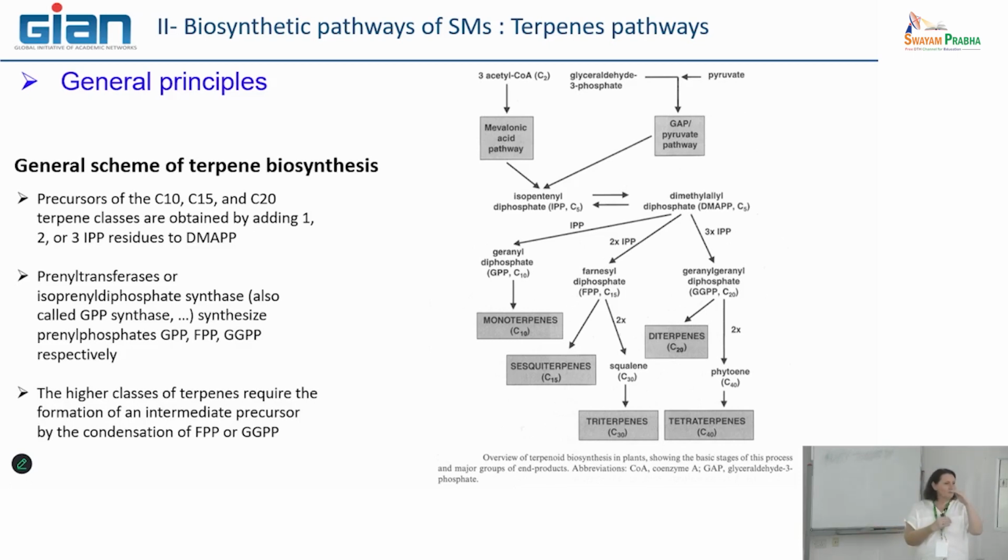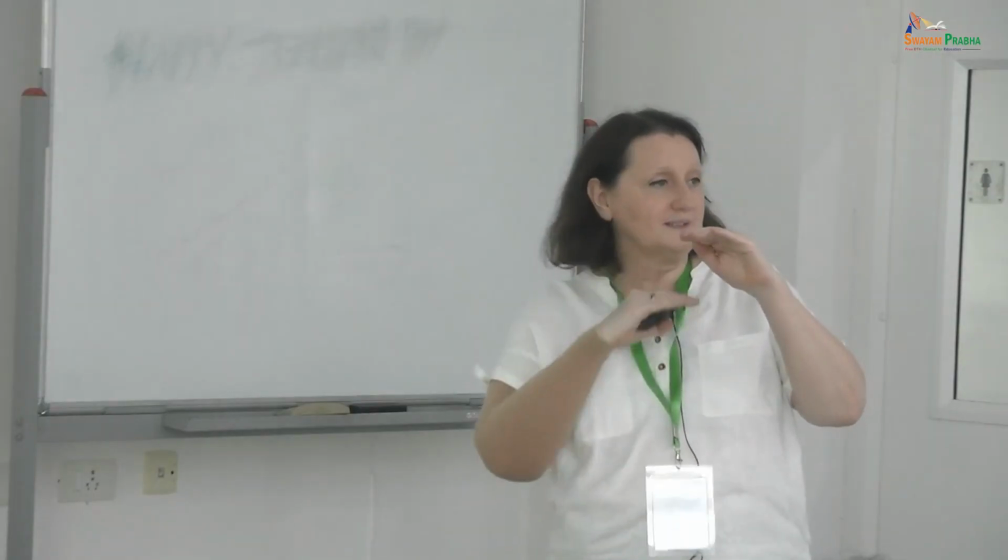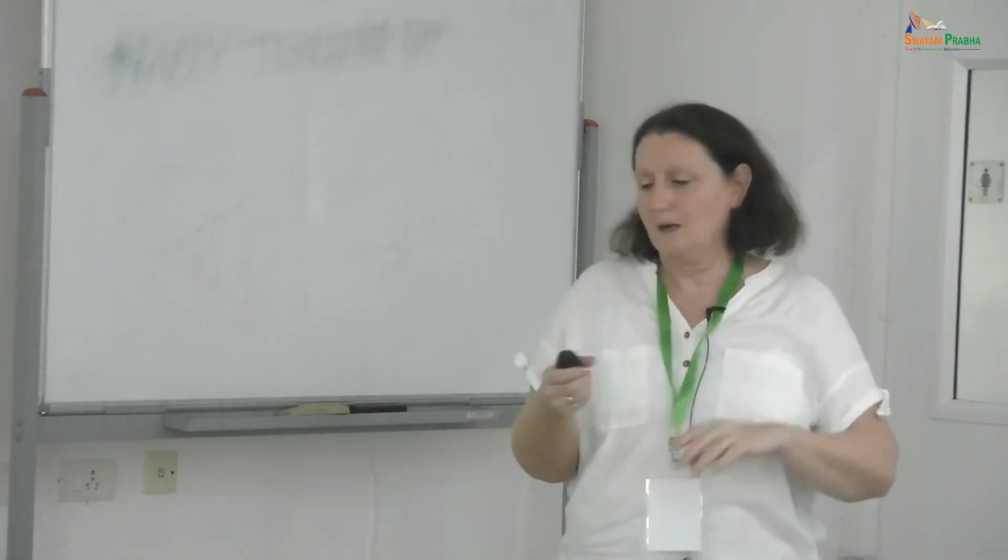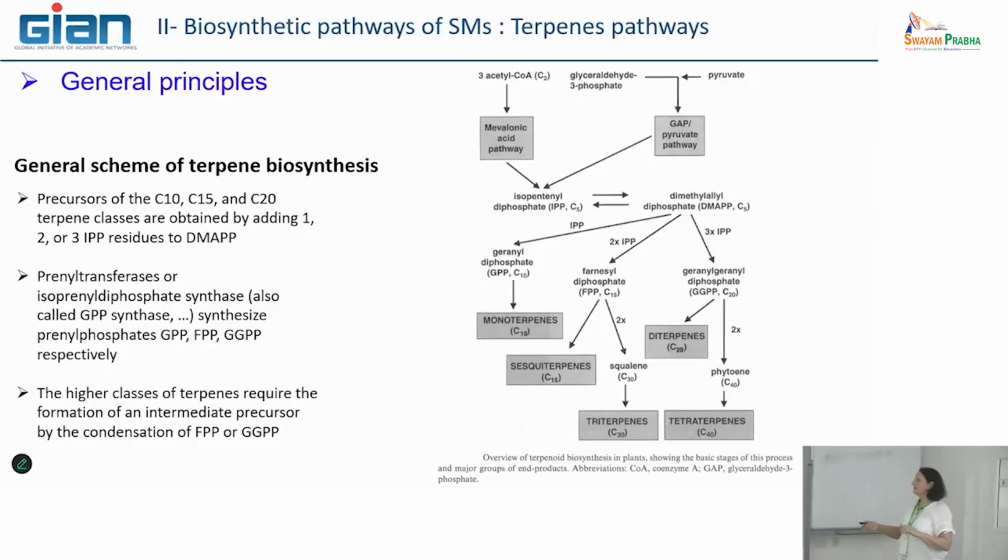Yesterday, I showed you a slide where all of these intermediates are produced. And in fact, it is the second level of the pathway, because from geranyl diphosphate, all the monoterpenes can be produced. We have seen that there are a lot of monoterpenes. From farnesyl diphosphate, all the sesquiterpenes can be made, but you can also have addition between two farnesyl diphosphate to lead to triterpenes, okay?